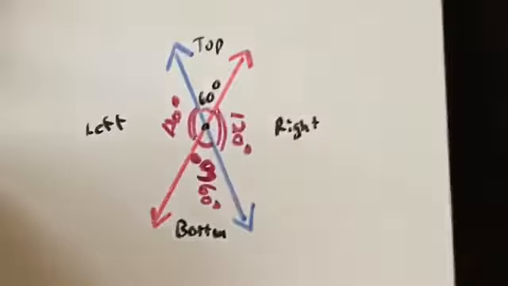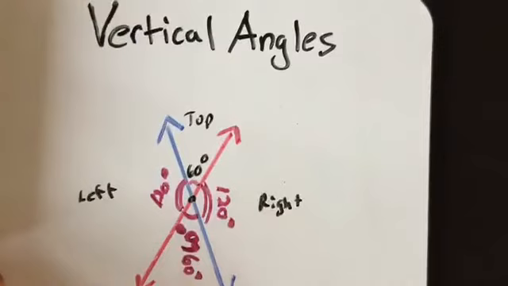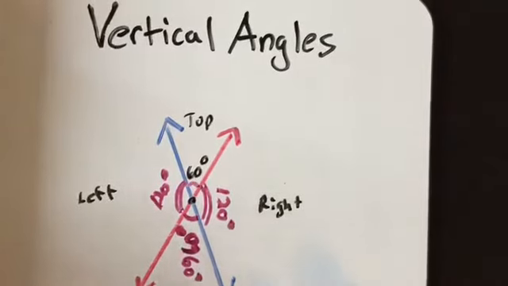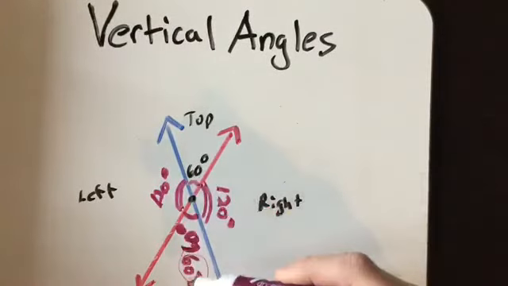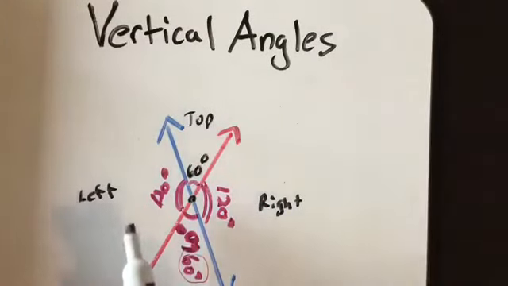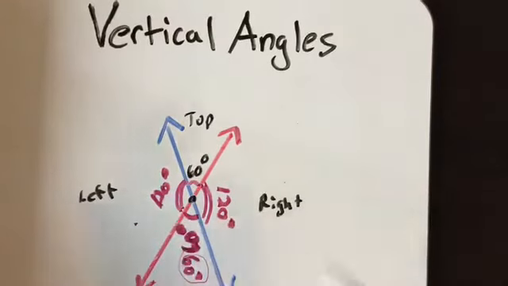Okay? So if we just take a look back at our vertical angles, what we should notice is we've made two pairs of congruent or equal angles. That our top-bottom pair are both 60 degrees and equal, and then our left-right pair are both 120 degrees and equal or congruent.